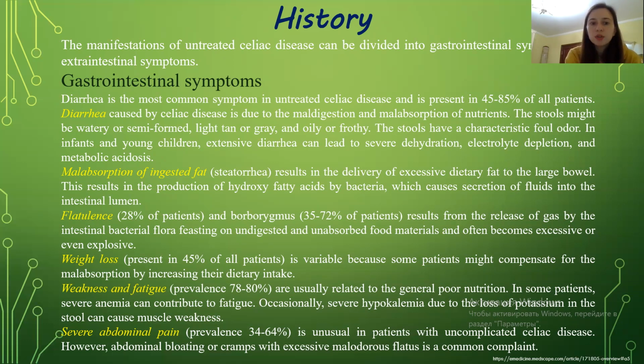In some patients, severe anemia can contribute to fatigue. And next, symptoms, severe abdominal pain is unusual in patients with uncomplicated celiac disease. However, abdominal bloating or cramps with excessive malodorous flatus is a common complaint.